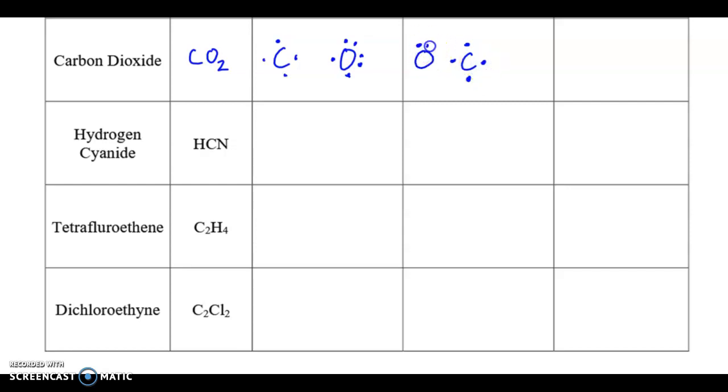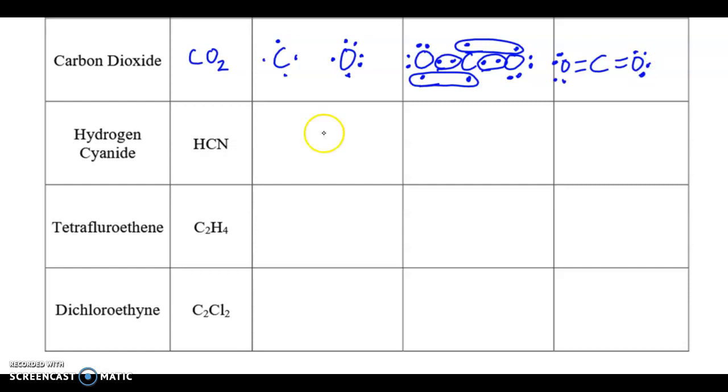Each oxygen can only form 2 bonds. So we'll share those there, and then we'll do this other oxygen over here. All right, and that satisfies the octet rule for all the atoms involved. Let's see, put the lone pairs where they go.